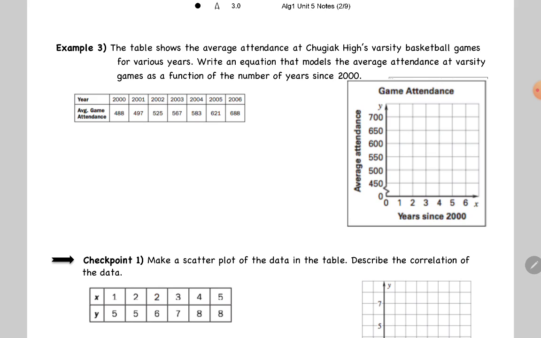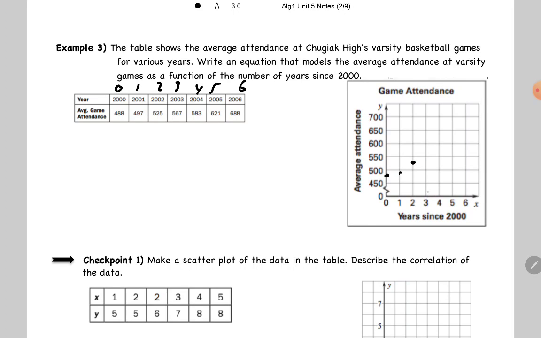Years since 2000, so this would be 0, 1, 2, 3, 4, 5, 6. Okay, 488. Let's say that's around here. And then 1 year after, 497, so that's even closer to 500. And then 2 years, 525, so in between 500 and 550.